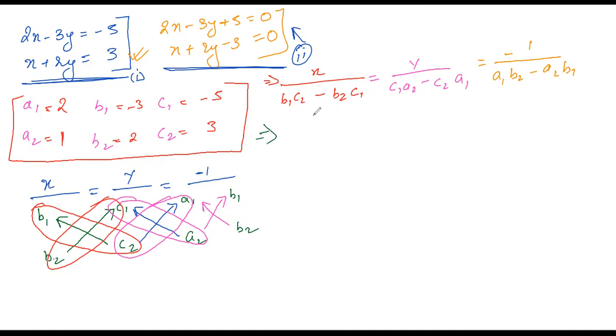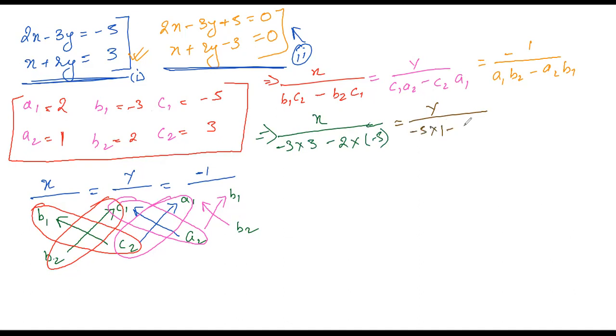So right now you just have to place the values. So x by B1. What was B1? That is minus 3, into what is C2? That is 3, minus B2. B2 is 2, into C1. C1 is minus 5. The next one is equal to y by C1. C1 is what? Minus 5, into A2.